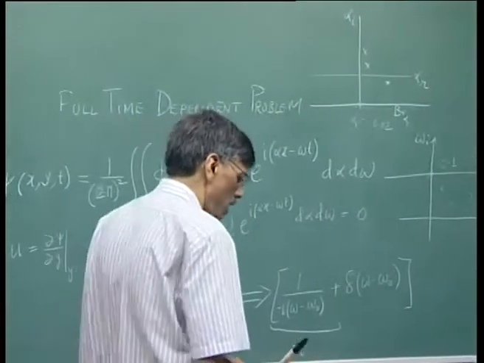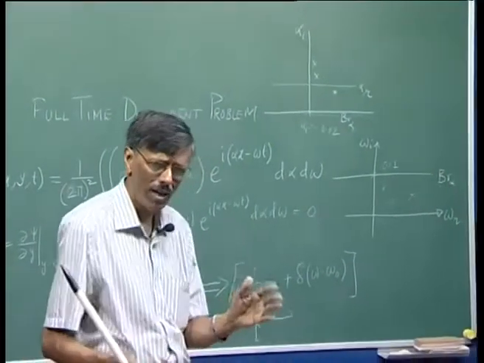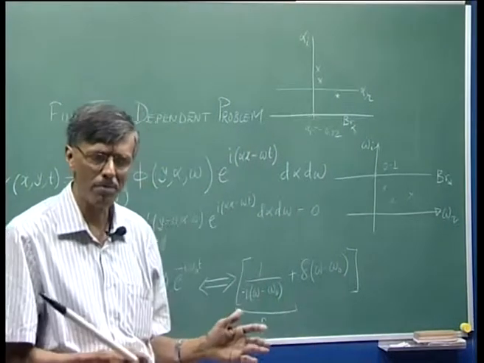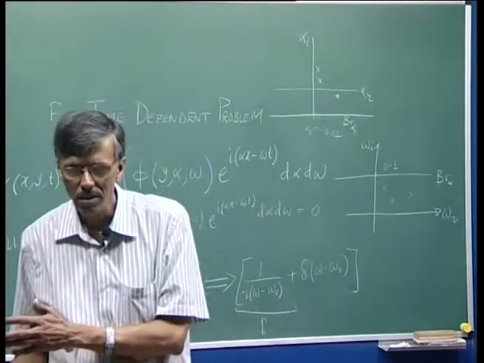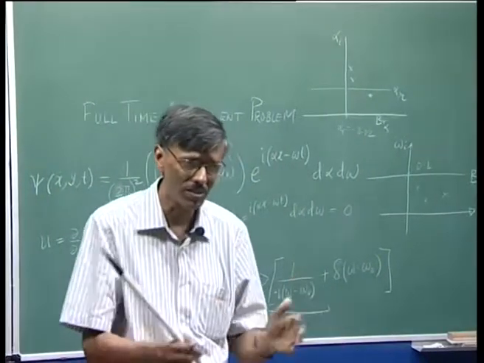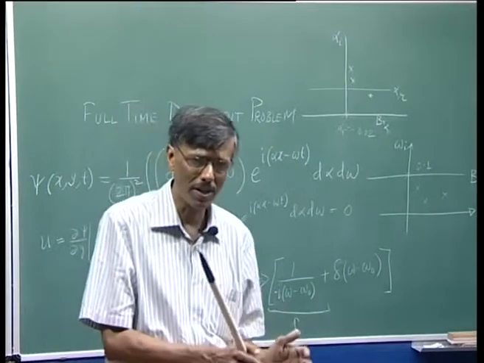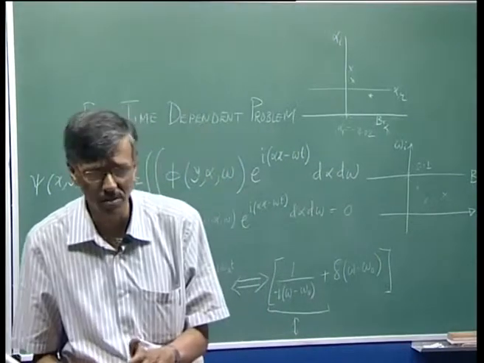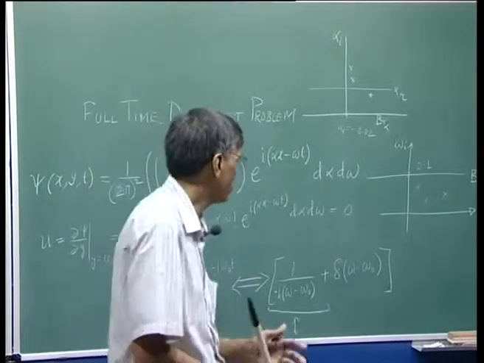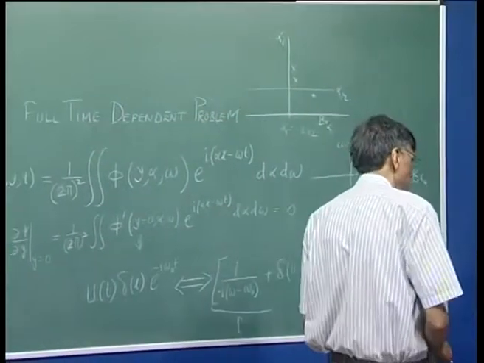But we have now understood the scope of the full time dependent problem vis-a-vis the signal problem, and we now also understand the power and elegance of the receptivity analysis over eigenvalue analysis, right. So, this is something that we must keep in mind when we go ahead.